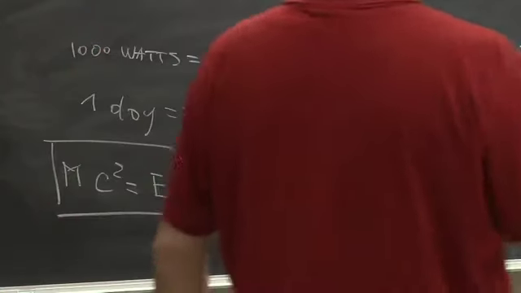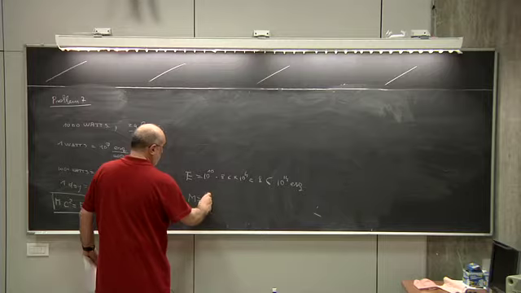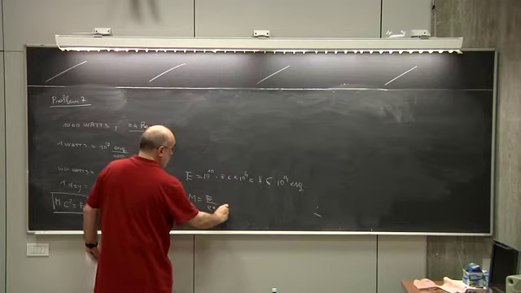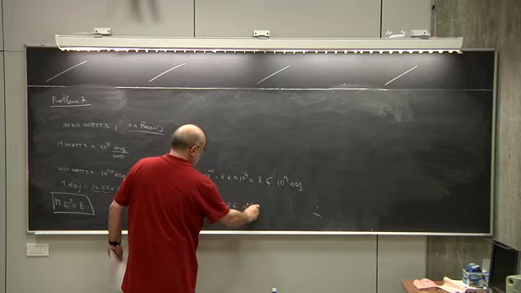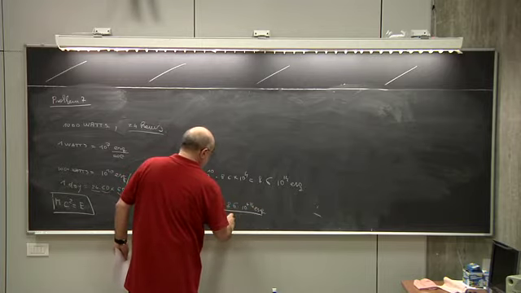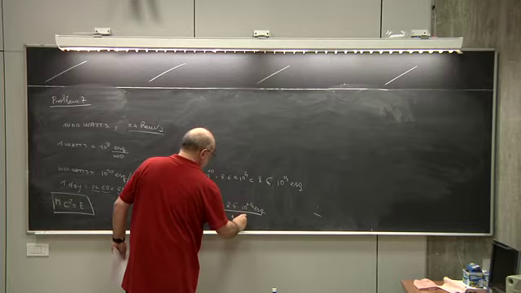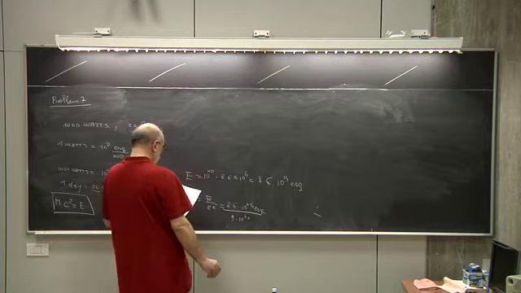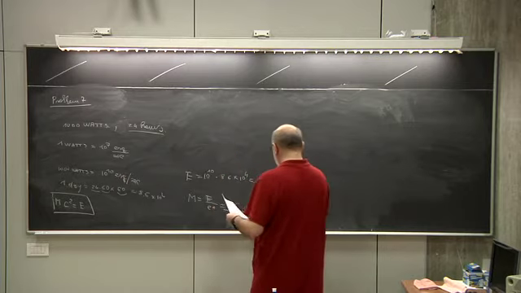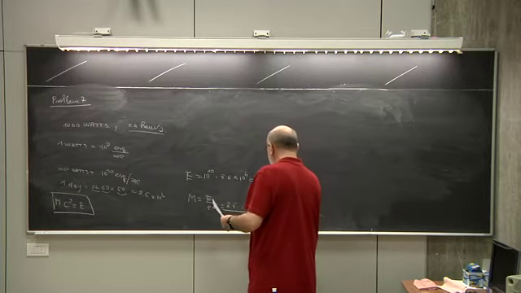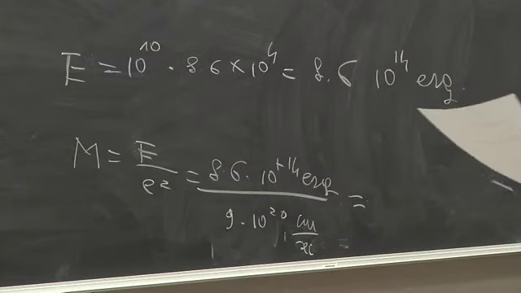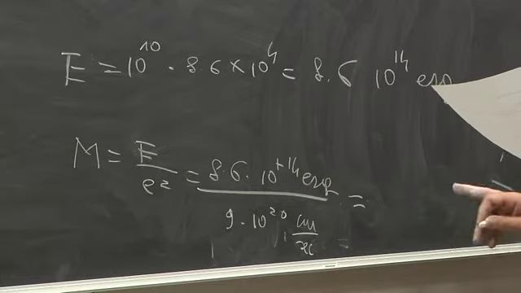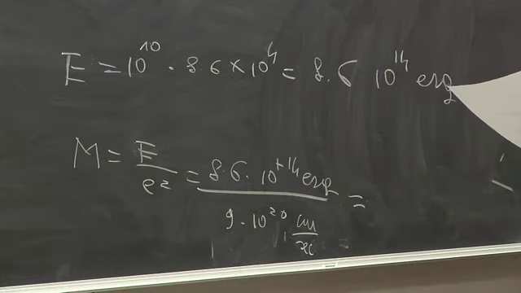Now the mass equivalent, you take E divided by C squared, so 8.6 times 10 to the 14 erg, divided by the velocity, that is now squared, 10 to the 20 centimeter squared per second squared. This is the number that one should get, but then it has to go into gram.